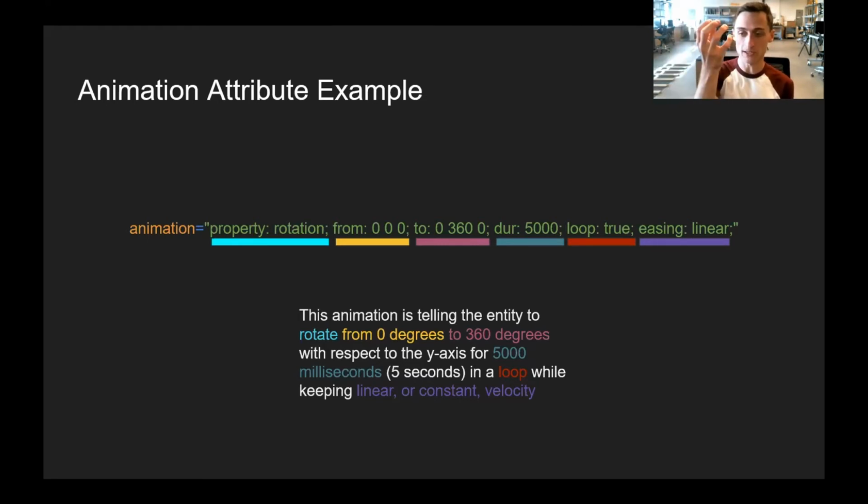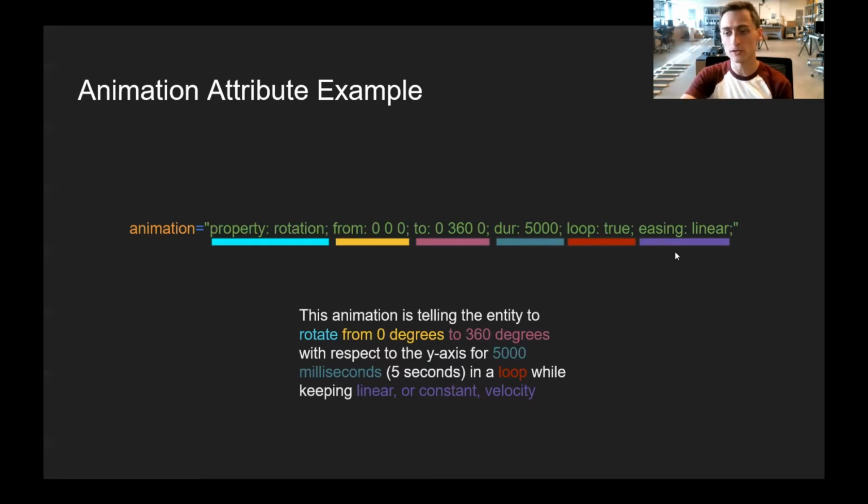If our object is here and our axle is the y-axis, we're rotating around the y-axis like it's an axle. So this is telling the object to rotate a full 360 degrees with respect to that y-axis. We're telling it to do it for 5 seconds, and we're telling it to do it forever. So just keep doing that.